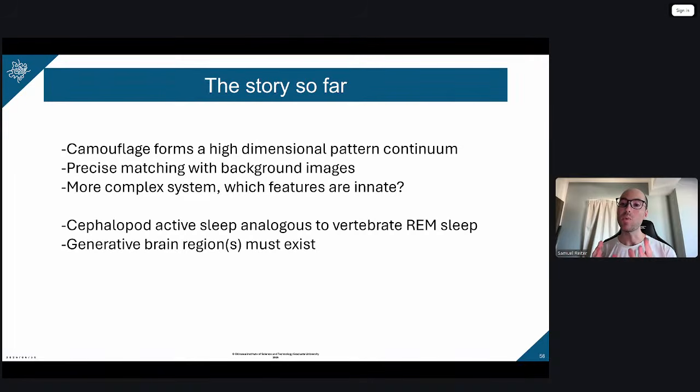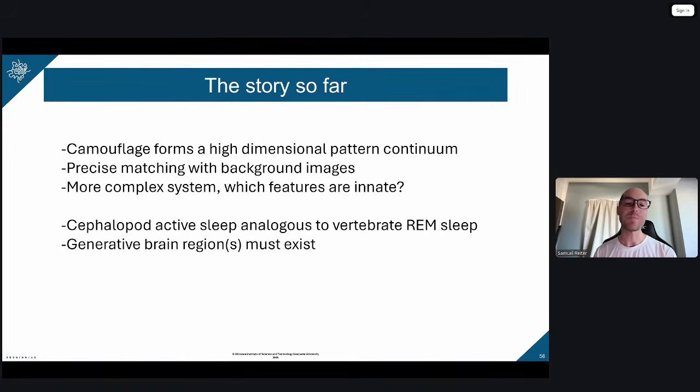Regardless of the function, the sleep work suggests that the generative brain region must exist somewhere in the animal's brain. And we're interested in exploring where exactly this is and what format the latent patterns take in the animal's brain.